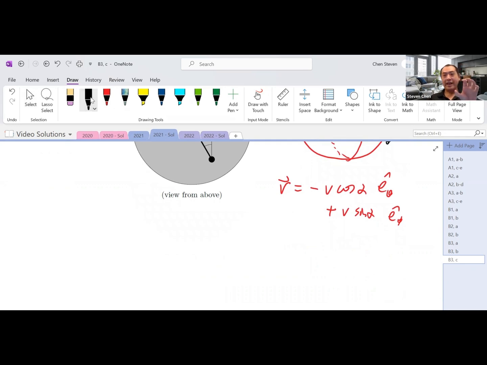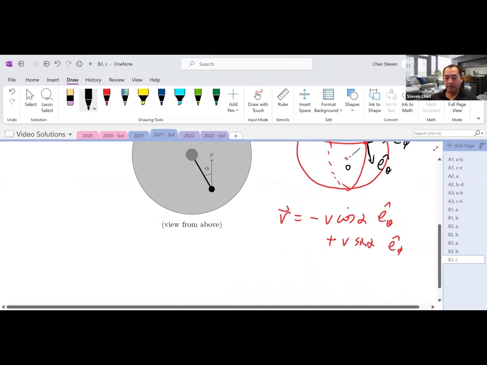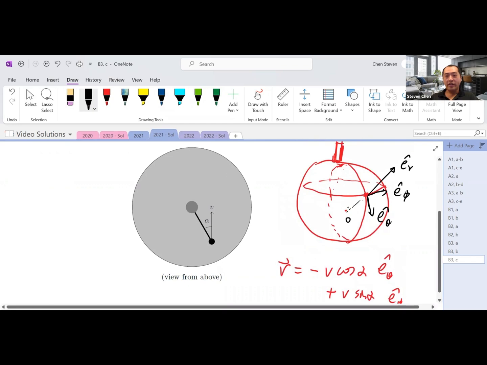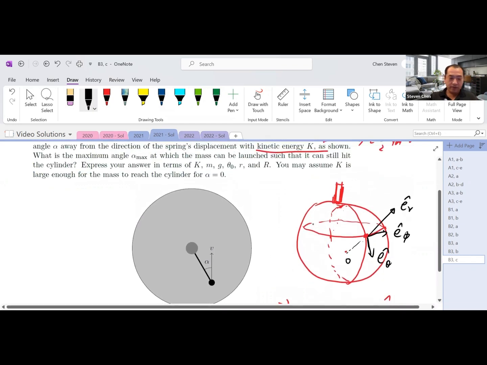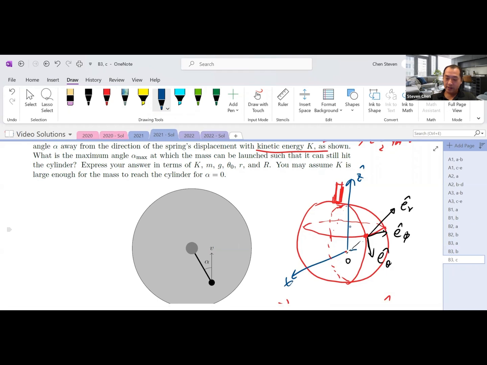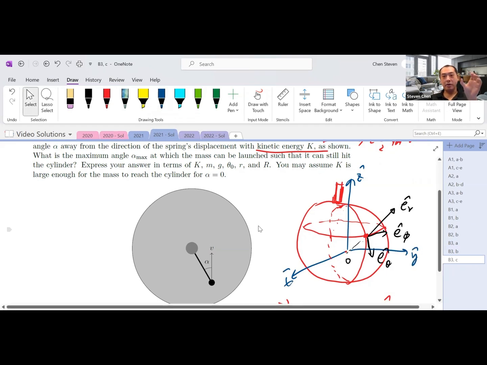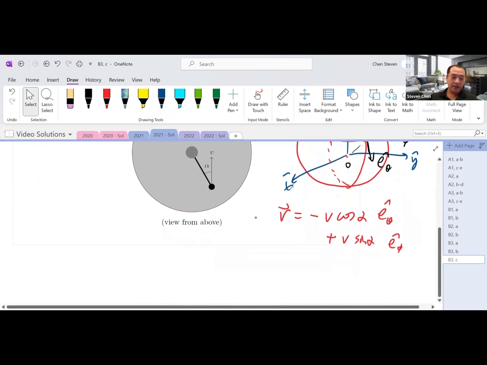Okay, so you see that I have to frequently switch between the spherical coordinate system and the Cartesian coordinate system. The opposite direction, this is the z direction, right? So then this is x, this is y. I'm saying that the z component of angular momentum is conserved.